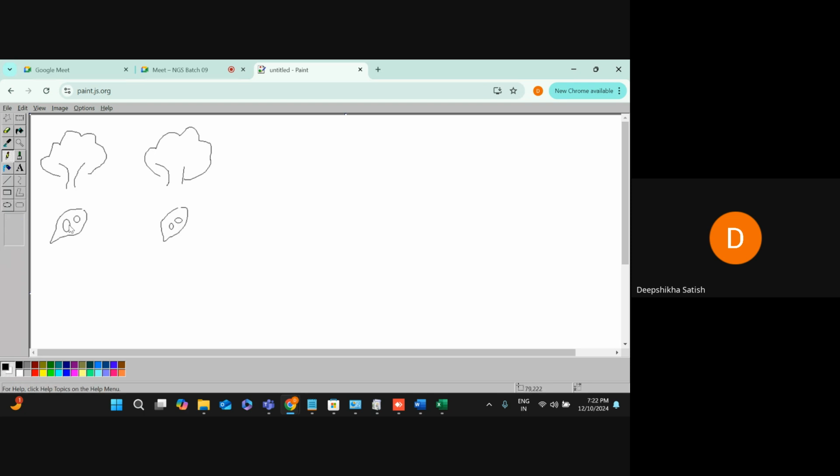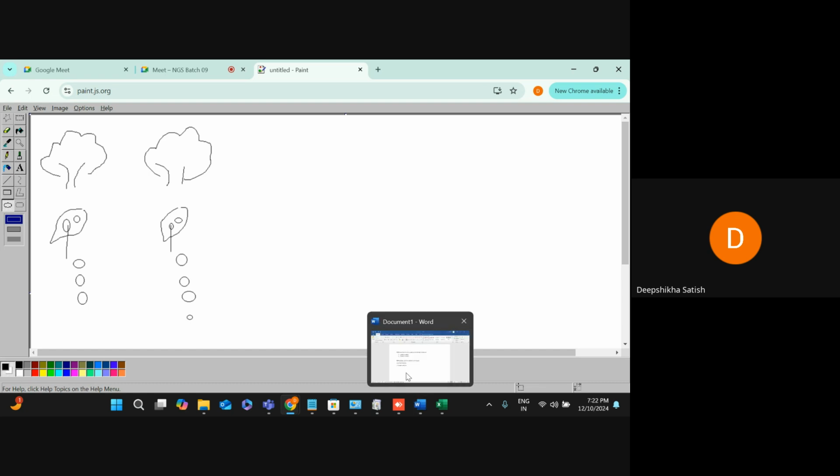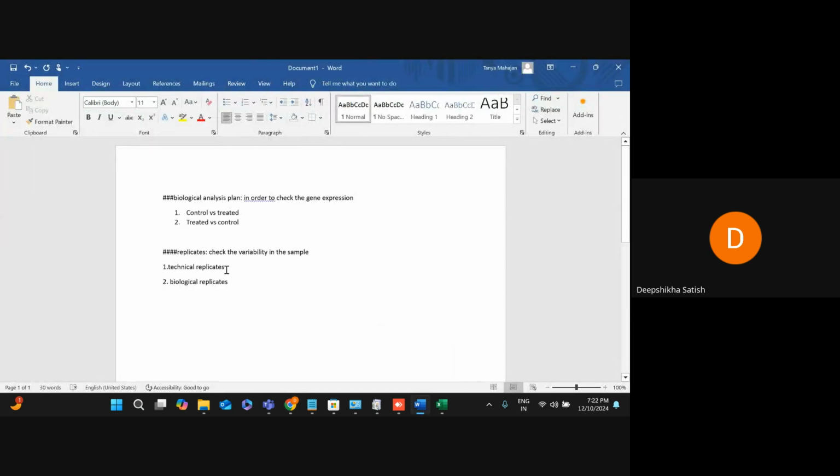Then this A cell and this B cell I am going to isolate, and again I am going to perform the experiment on this particular cell, and you will get the replicates. So this is the biological replicate. We are taking different biological samples within the same population. That is the biological replicate. Did you get the difference between the technical and the biological?